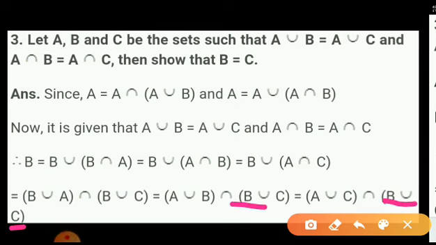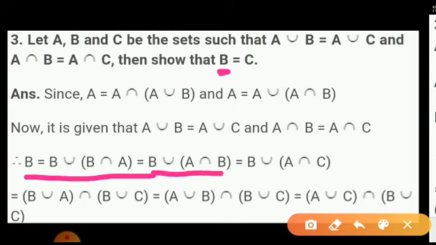See, till this point, what have we done? We have started with this set B. B I can write as B union (A intersection B). Then instead of A intersection B, I have written A intersection C. Apply your distributive property over here.